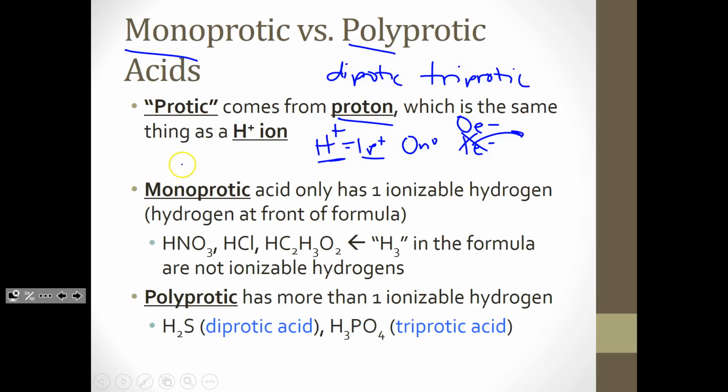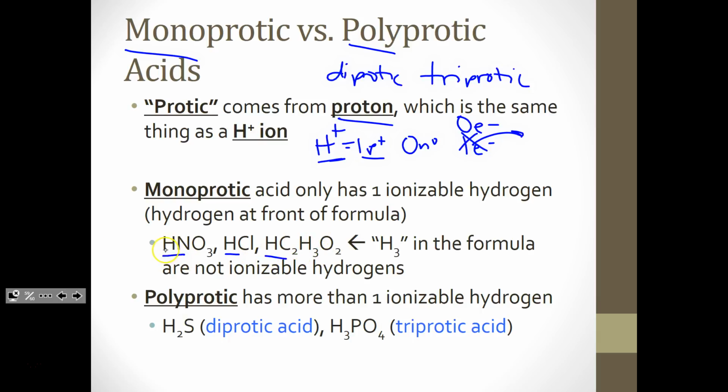So if you have a monoprotic acid, this basically means you have 1 proton or 1 hydrogen that is ionizing. And remember, it's always the hydrogens at the beginning of the formula that are ionizable. So notice, HNO3 has 1 hydrogen. HCl has 1 hydrogen. Even this crazy thing, yes, there are 3 hydrogens here, but they're not written at the beginning. It's just the beginning hydrogens that are ionizable.